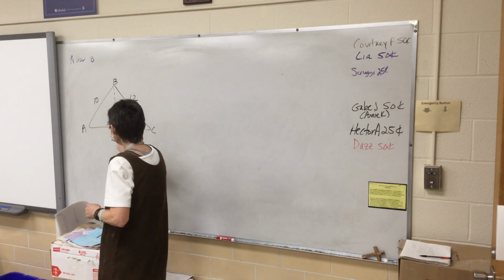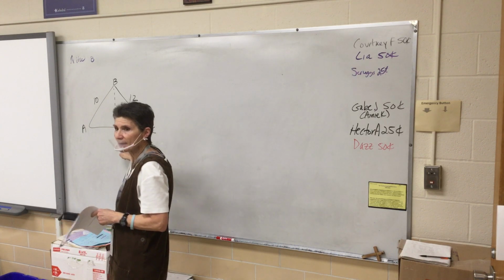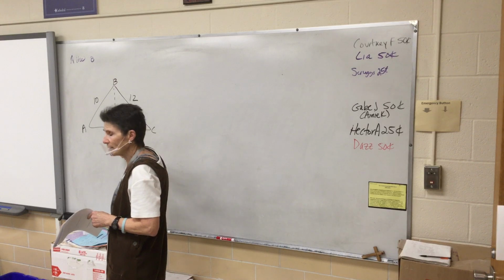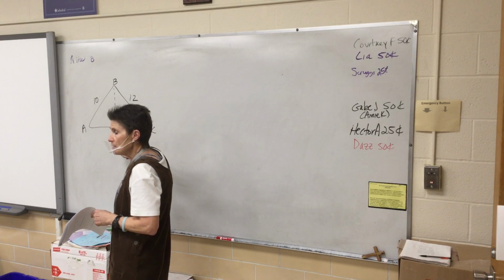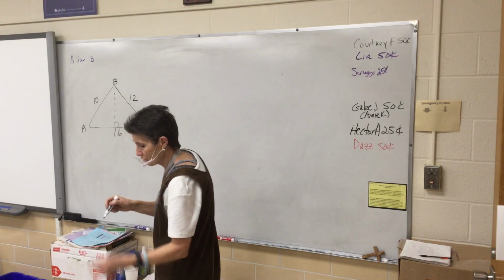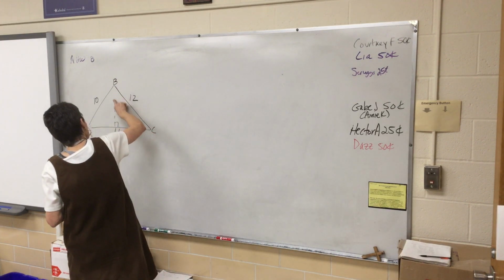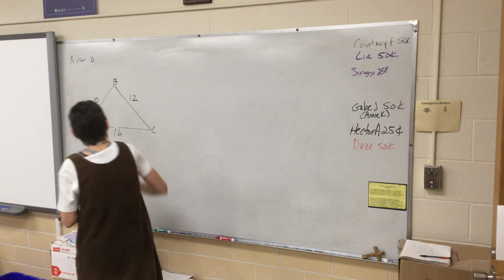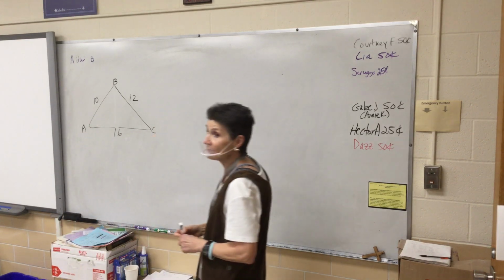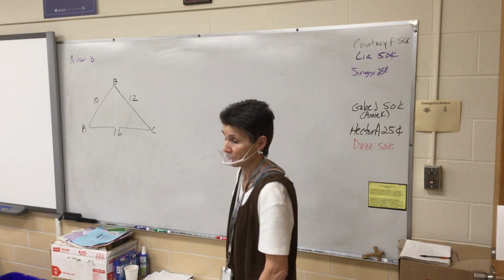So these two pieces add up to 16, but they're not 8. They're not equal. I have no idea what they are. So instead of going to all the trouble of doing that, we're going to have a different formula for the area of a triangle when we have all three sides.